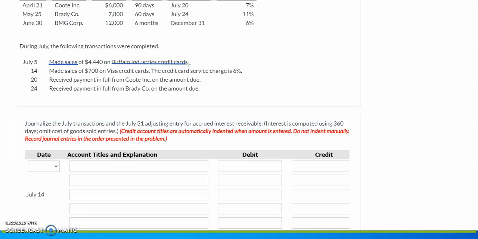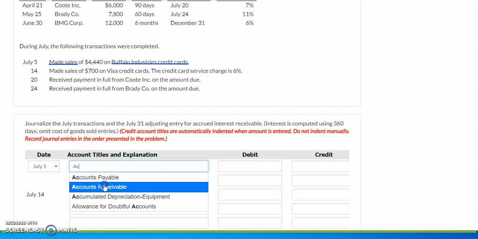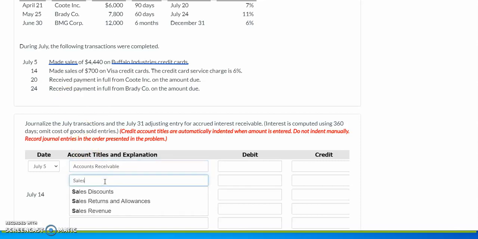And for the journal entry, you're going to just include the amount that is given to you in your problem. So I'm going to debit my accounts receivable and credit my sales revenue for $4,440.